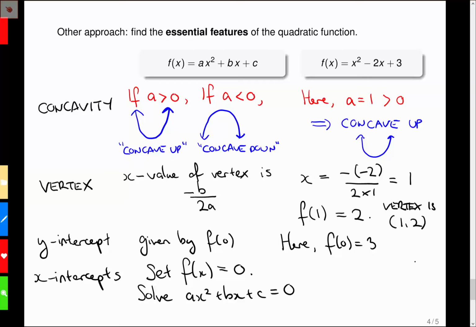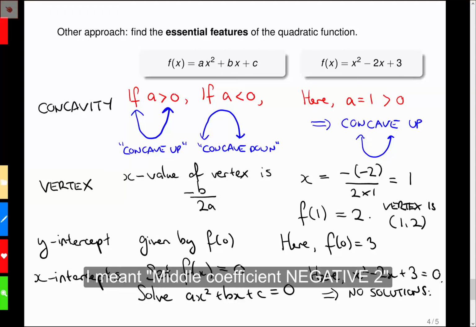Here, by setting f of x to be 0, we get the following quadratic equation. You should pause the module right now and verify that there are actually no solutions to this equation. Indeed, if you try to factorize the left-hand side, you will not be able to find two numbers which multiply to give the constant term 3, but add to give the middle coefficient 2.